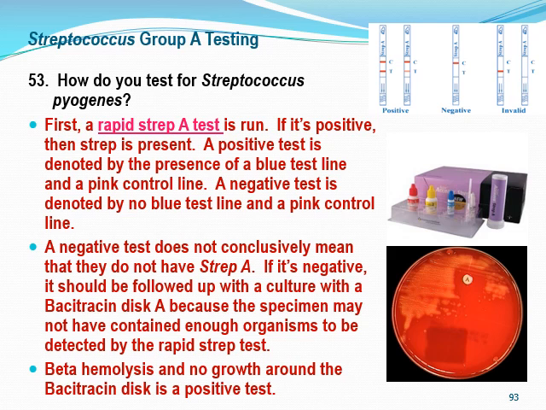Now, I know that you may work somewhere where they encourage you to do that. That is a no-no. These things are lot numbered, and you do not want to be moving reagents and swabs from one kit to the next. It could lead to erroneous results. And we can see how important it is to make sure that if our patient is positive for strep, we know it. We don't want to be reporting out false positives or false negatives.